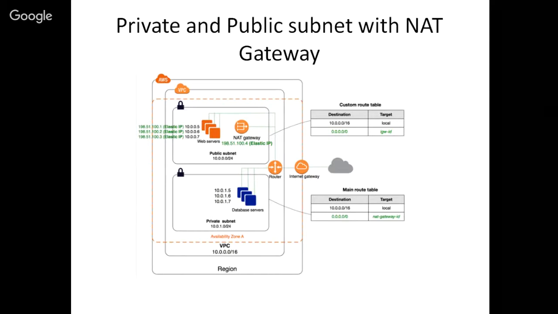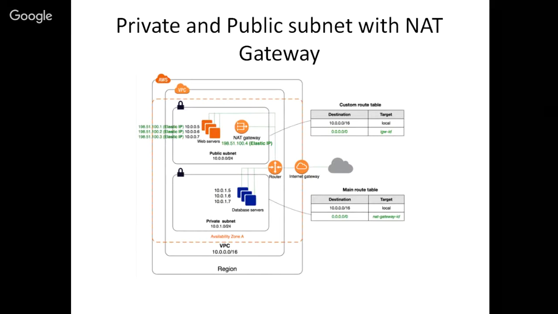In my practical demo, I will launch a NAT instance and show you the demo, and after that I will terminate that NAT instance and launch a NAT gateway, and show you how it is different.